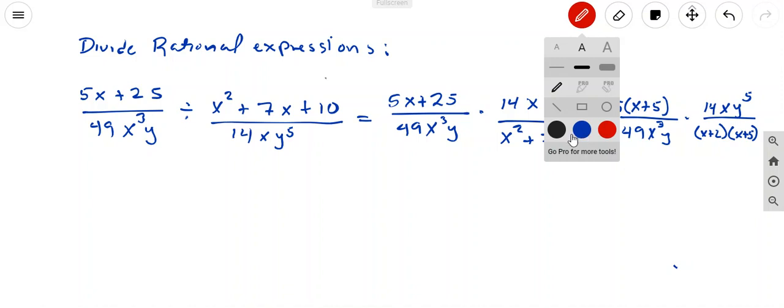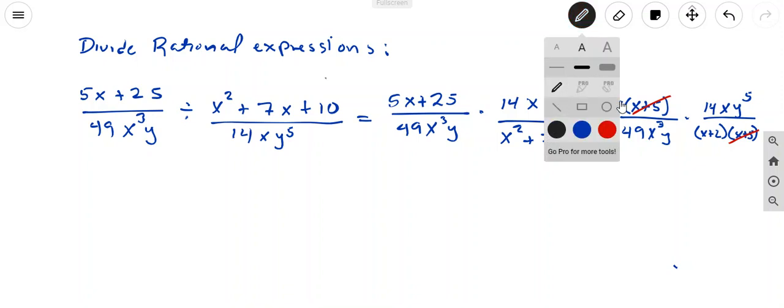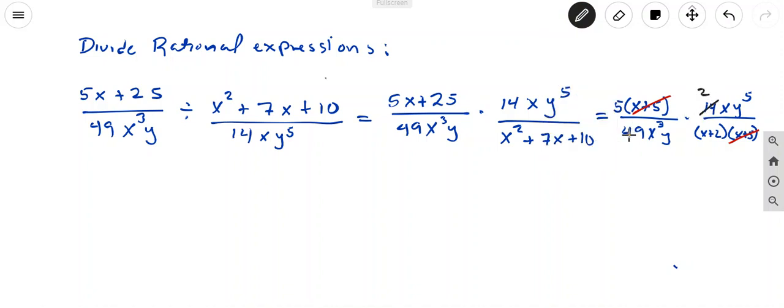Now we're going to simplify the common factor x plus 5. And also, I know that there is a common factor 7 between 14 and 49. So I will divide both 14 and 49 by 7. 14 divided by 7 is 2, 49 divided by 7 is 7.